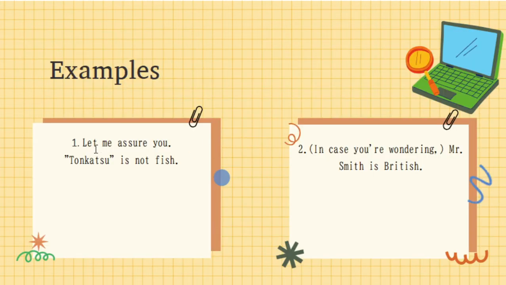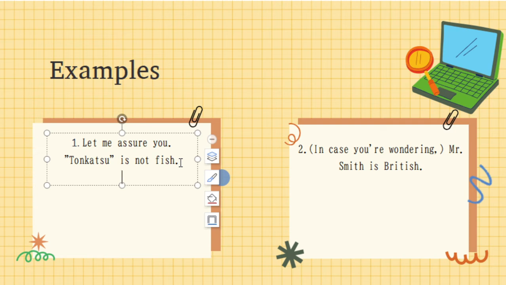So for example, we have here, let me assure you, tonkatsu is not a fish. We will translate that. So tonkatsu wa, and our fish is sakana ja arimasen, and we will add the yo.